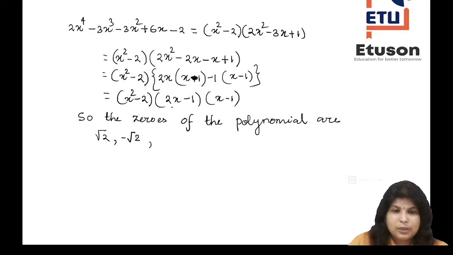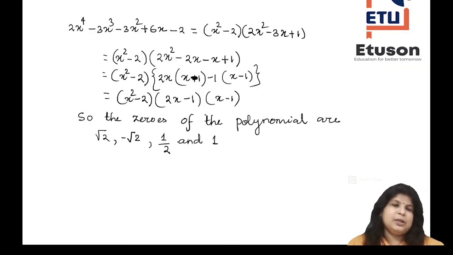And what are the two new zeros you have got? The two new zeros are 1 by 2 and 1 respectively. So the zeros of the polynomial are root 2, minus root 2, 1 by 2 and 1. Correct? So this is how you can find out the zeros of the polynomial.